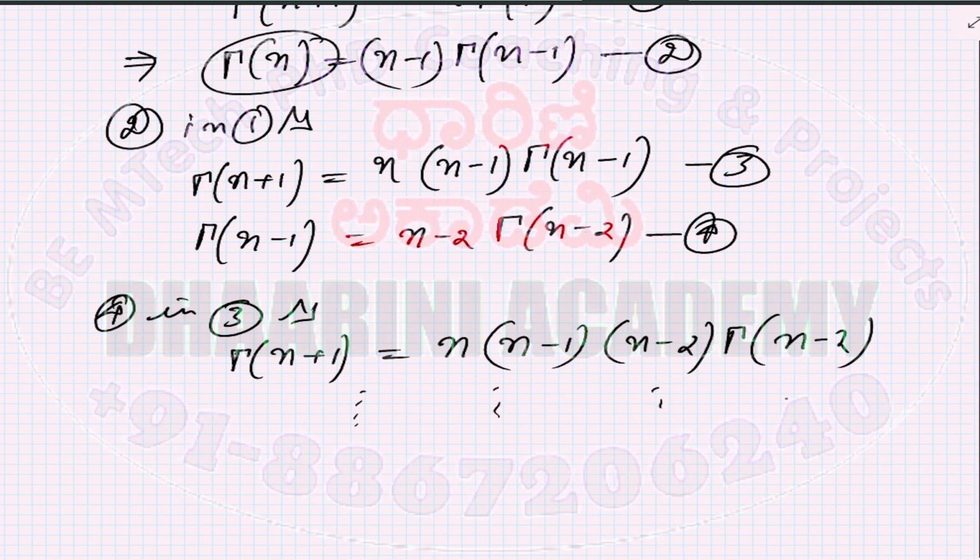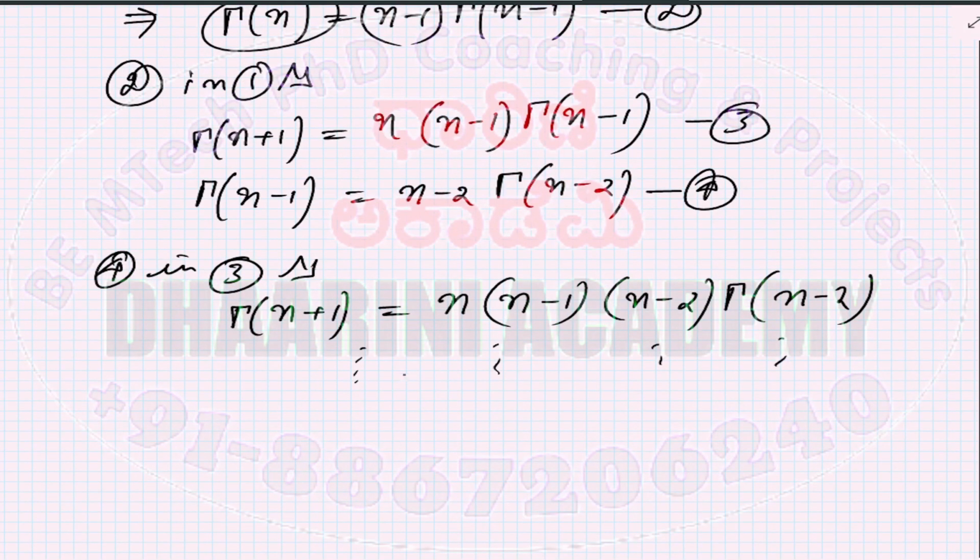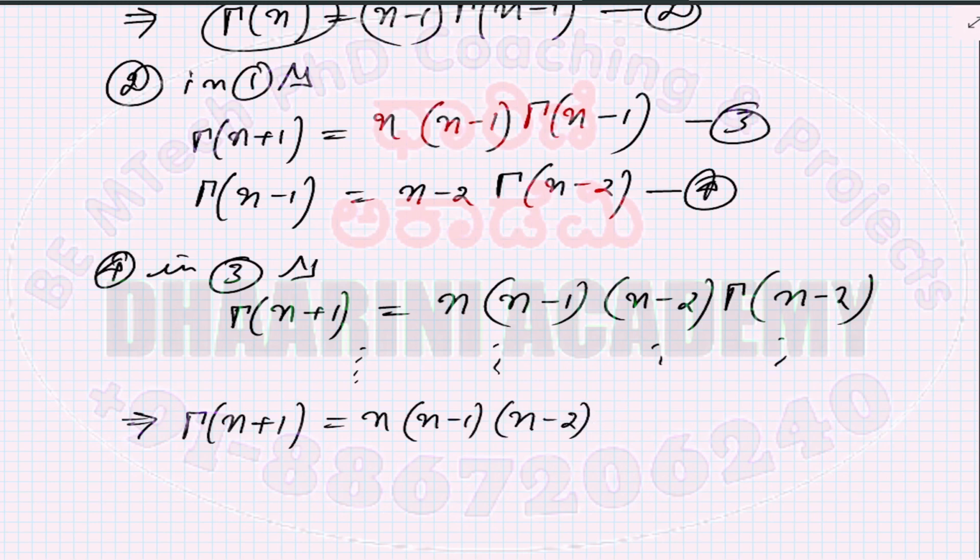This will grow in such a way that my final answer I can try to write in the following format. This implies gamma of n plus 1 is equal to, you keep writing n minus 1 into n minus 2 gamma n minus 2, but gamma n minus 2 could be n minus 3 gamma n minus 3, and so on.